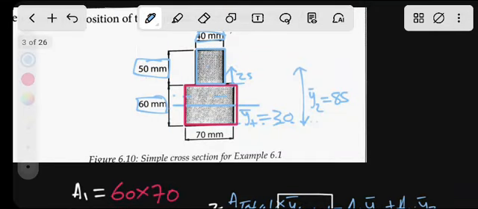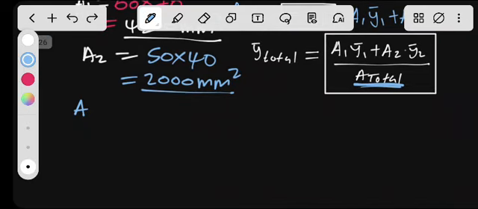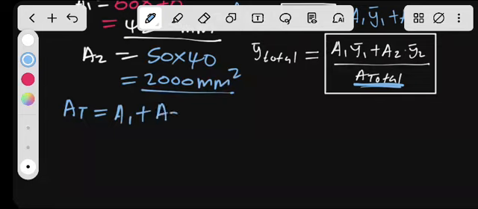We'll add them up, forming one shape. I can say total area AT will be area 1 plus area 2. That is our total area.